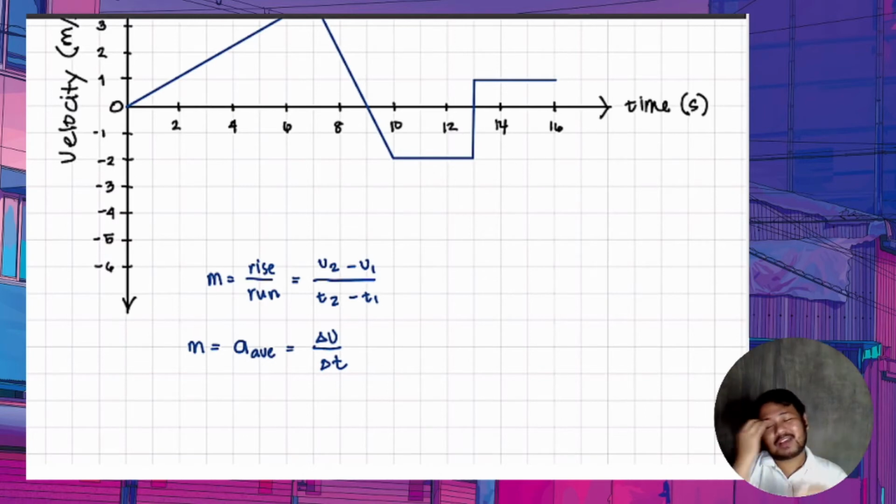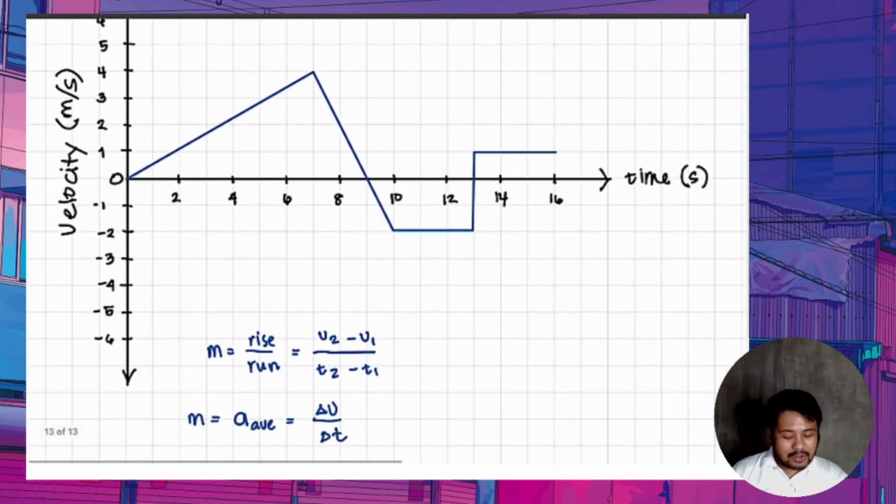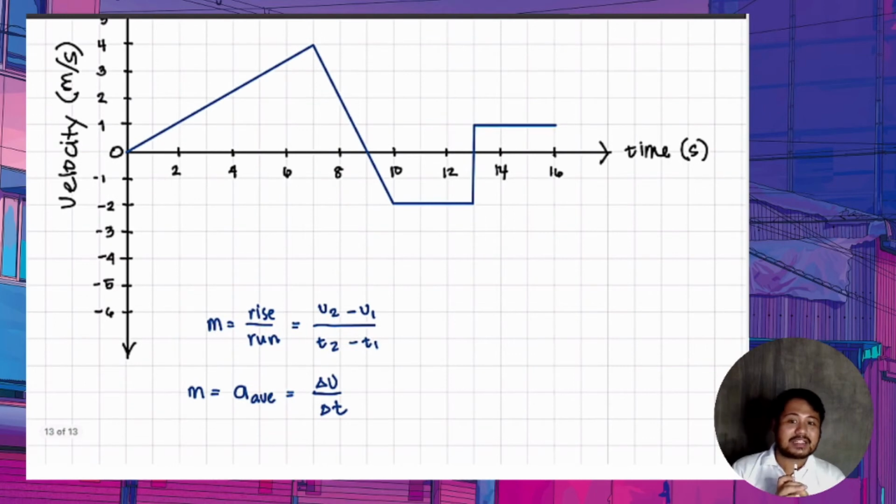So, kailan siya mag-slow down? If you have a positive acceleration, pero negative ang velocity natin, that's the time that you have a particle that is slowing down. Or if you have a positive na velocity tapos negative ang acceleration, that's the time also na slowing down.